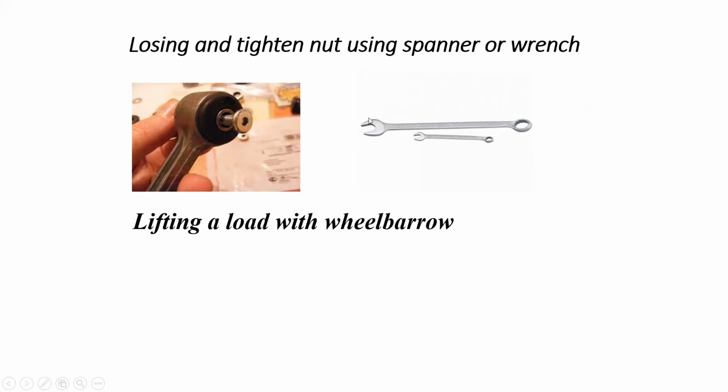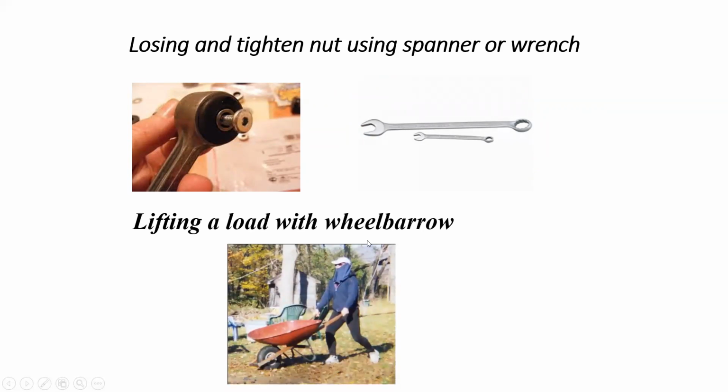Same thing, lifting a wheelbarrow. When a laborer is lifting a wheelbarrow, that is also an example of a moment. How is it an example of a moment? He can drag this, he can move this wheelbarrow forward and backward. That is not a moment. But when he is lifting it, that is a moment. For example, this is a tire, so this is a fixed point.